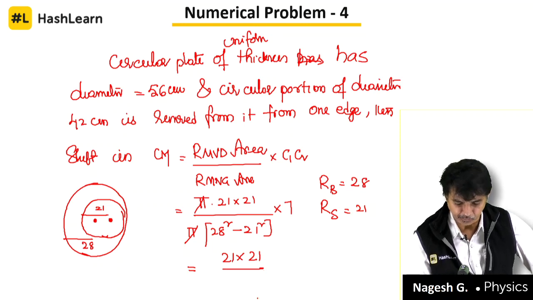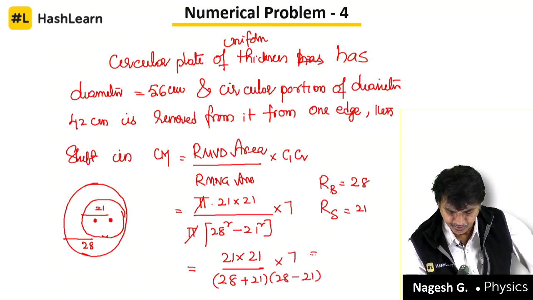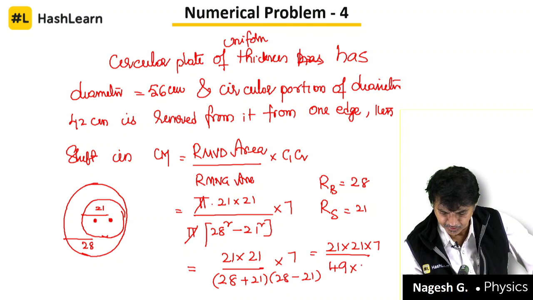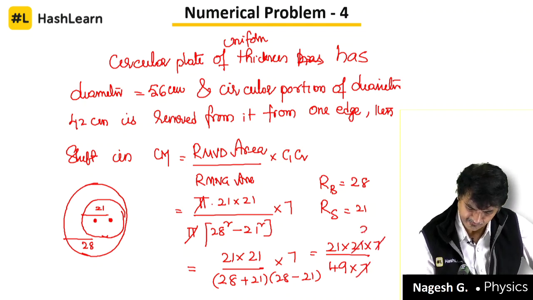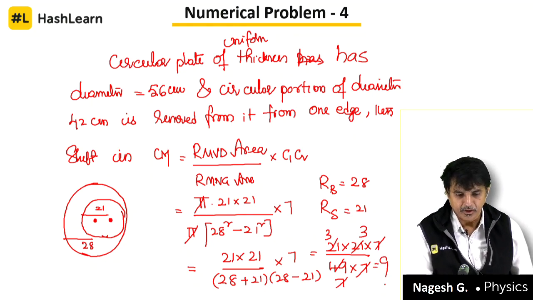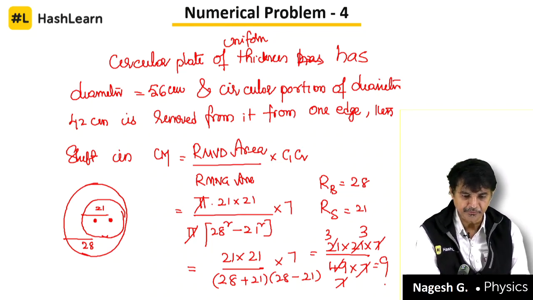A square minus B square can be written as A plus B into A minus B, into 7. 21, 21, 7 by 49 into 7, cancel out. The answer is equal to 9 centimeter. The correct answer is equal to 9 centimeter.